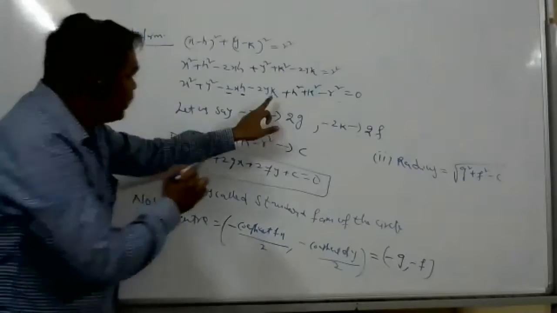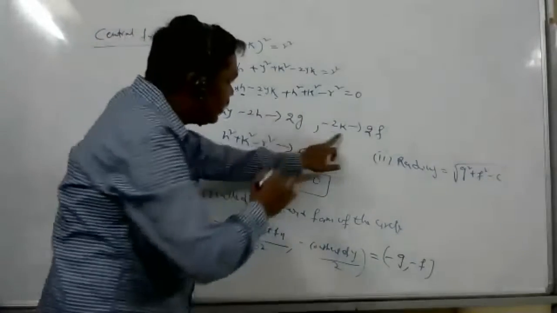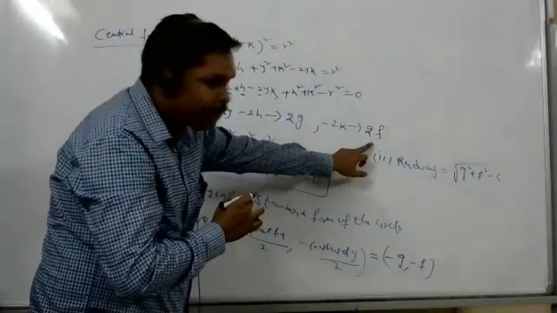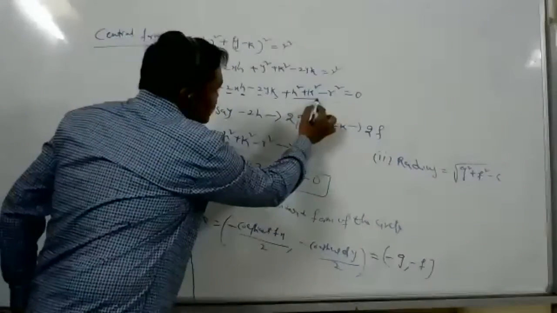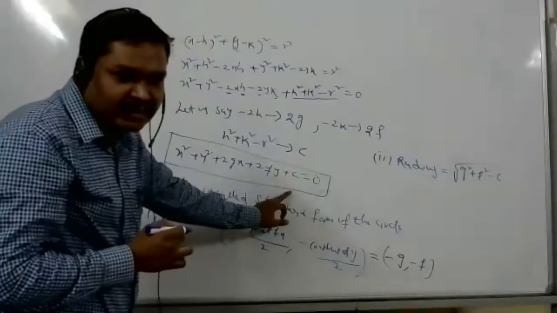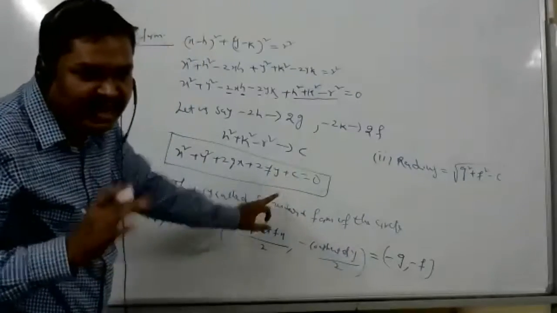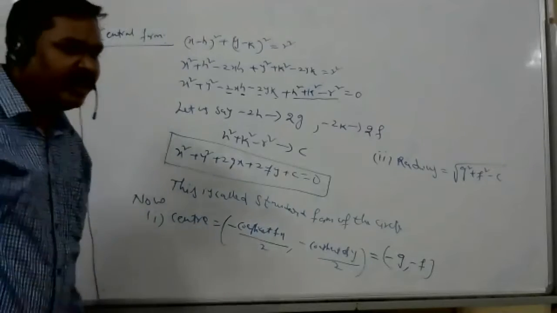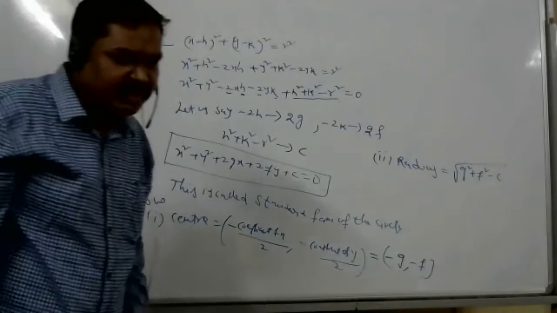Sir, but why did you substitute minus 2k? Minus 2k, then 2f, right? Yes, sir. Next, h square plus k square minus r square in place of c, right? That is the standard form of a circle.